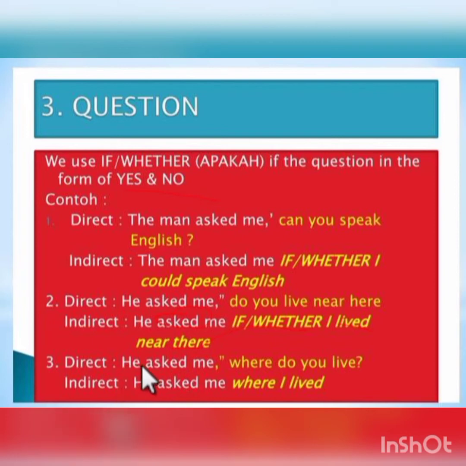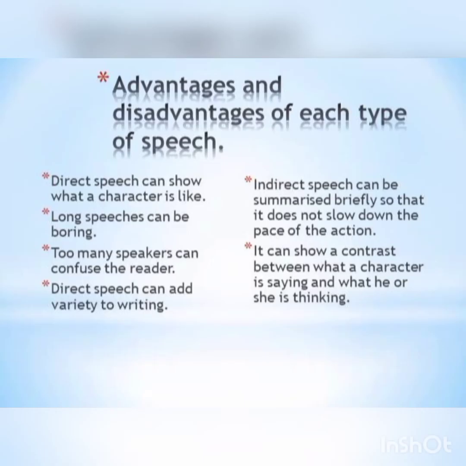In direct speech, he asked me, "Where do you live?" In indirect speech, he asked me where I lived. We can see here also the step back, one step. So do you live is present simple, but when we reported these sentences, we used past simple here, like I lived, not live. Yes, so I think it's clear.